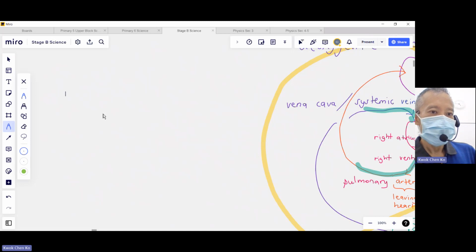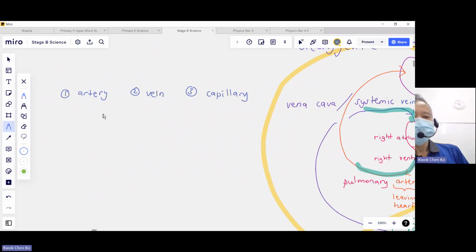Okay, one will be artery. Two will be your vein. Three will be your capillary. Well, of course, I'm using singular here.